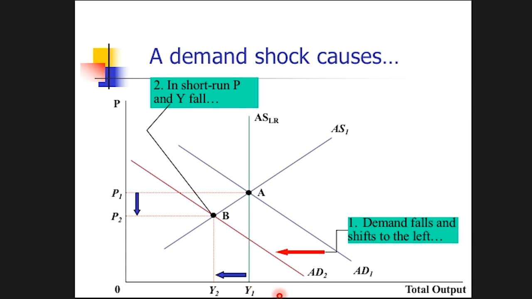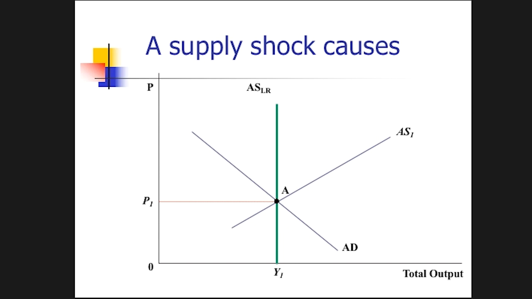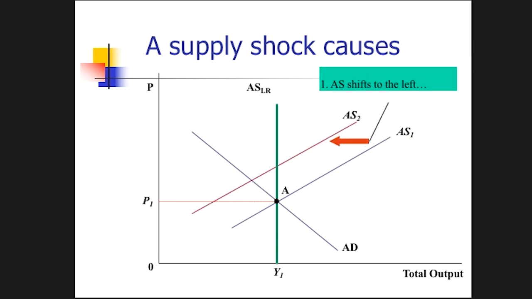Second, another reason may come from supply, and this is called supply shock. The supply shock shifts the AS to maybe the right or to the left.